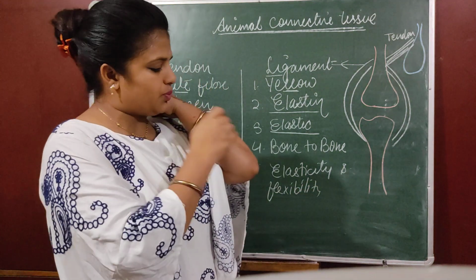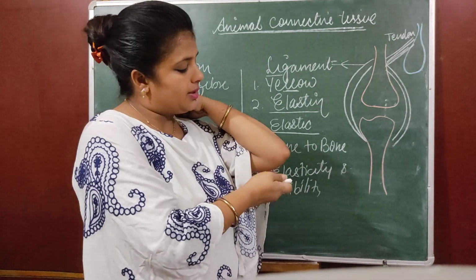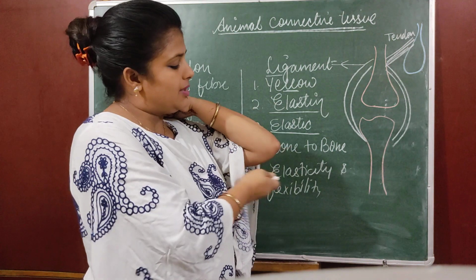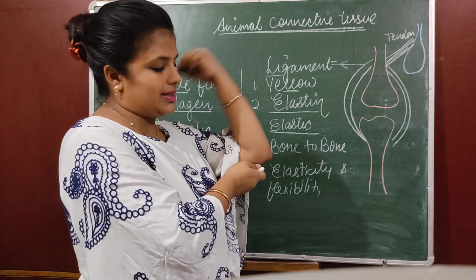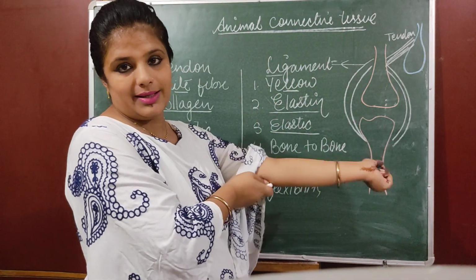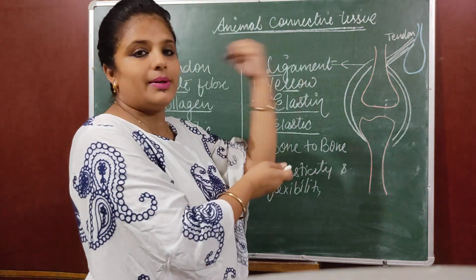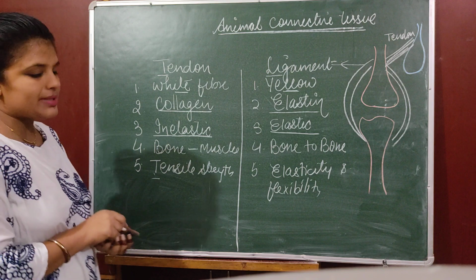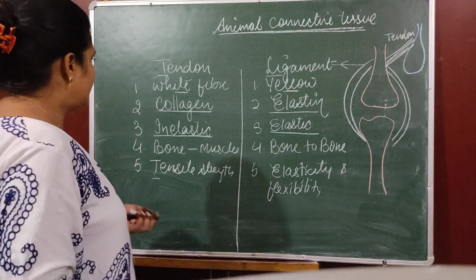Suppose I have these two bones, one is this bone and one is this bone. These two bones are connected with the help of ligaments. Because of this elastic nature, I can move them here and there easily. Okay, so this is the basic difference between tendon and ligament.